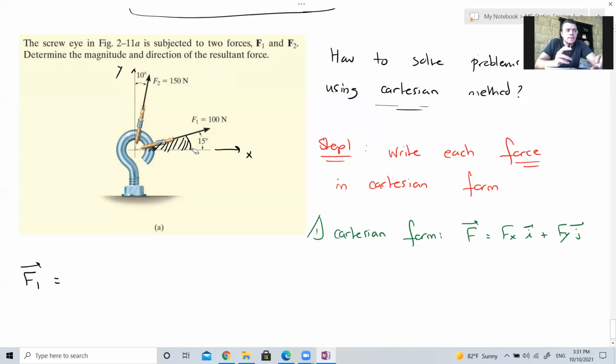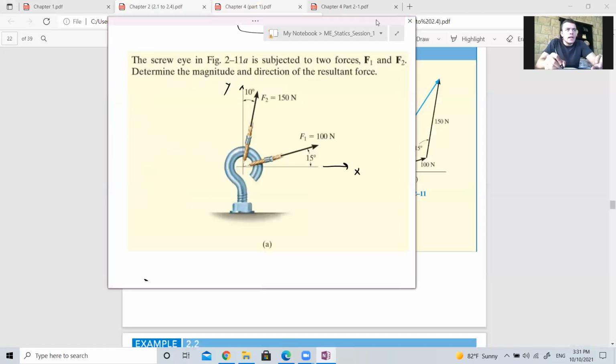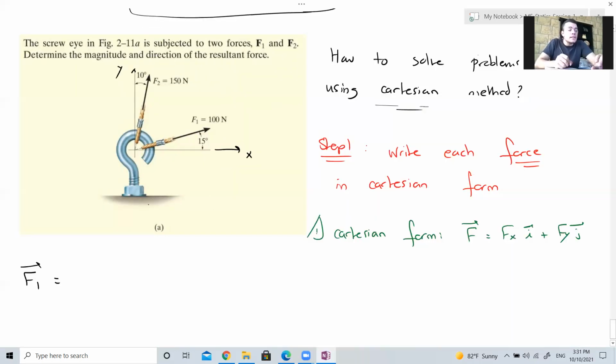How much is this angle? It's 15. Am I approaching the angle or moving away from it? Approaching, so cosine. Is it plus or minus? It's in the positive X axis, so plus 100 cosine 15 i.